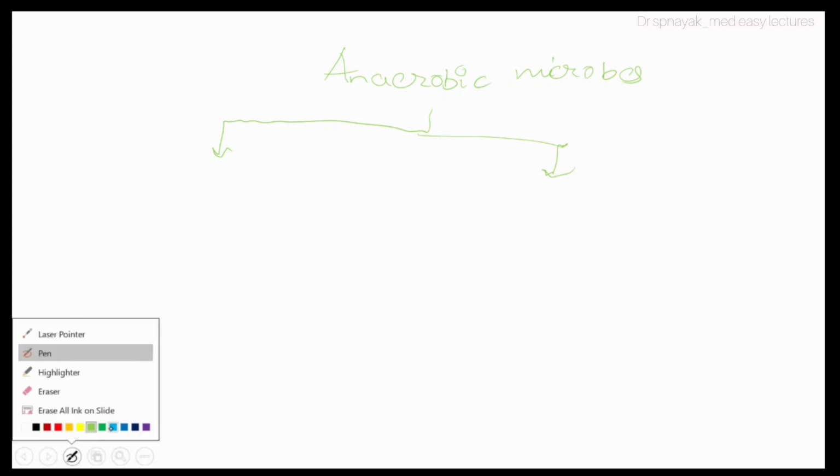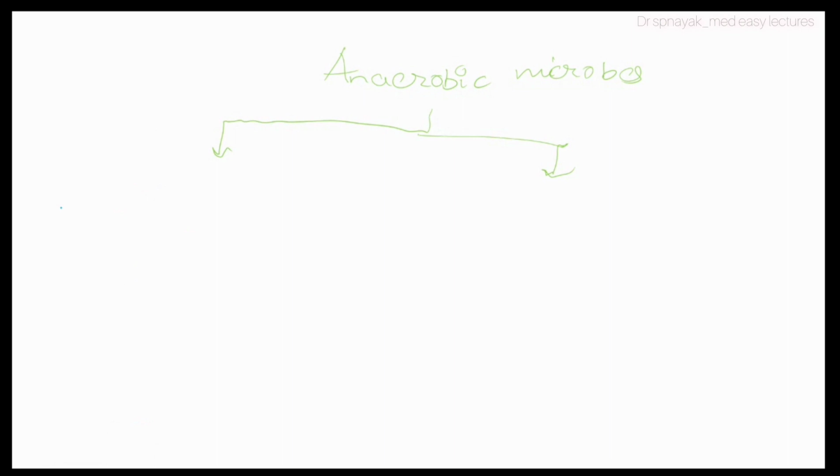So, anaerobic microbes, we have two types. We have the anaerobic bacteria and we have anaerobic protozoa.